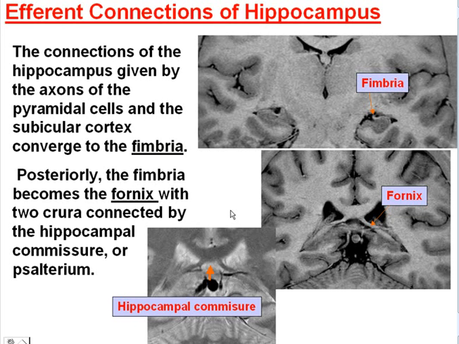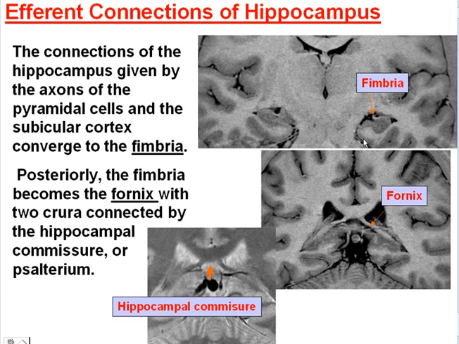The efferent connection of the hippocampus is given by the axons of the pyramidal cells and the subicular cortex, which converge to the fimbria, and then the fimbria becomes the fornix with two crura connected by the hippocampal commissure.